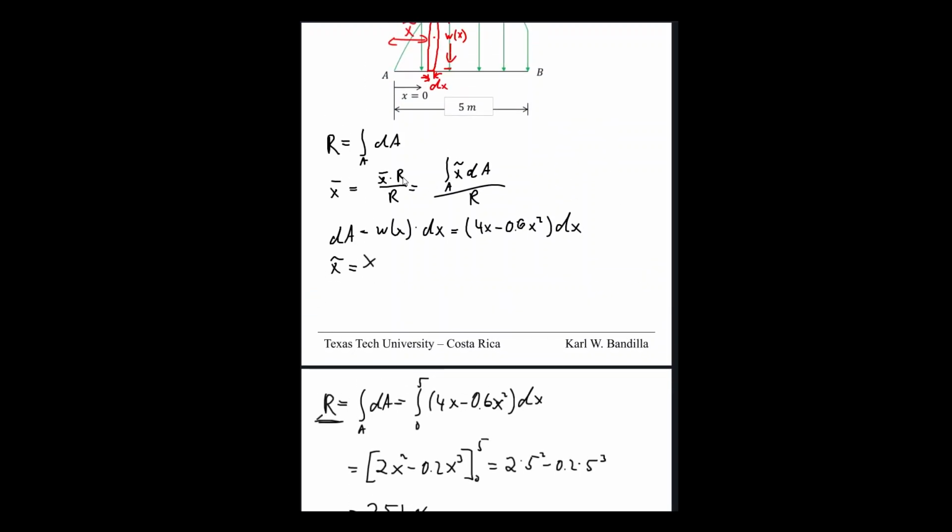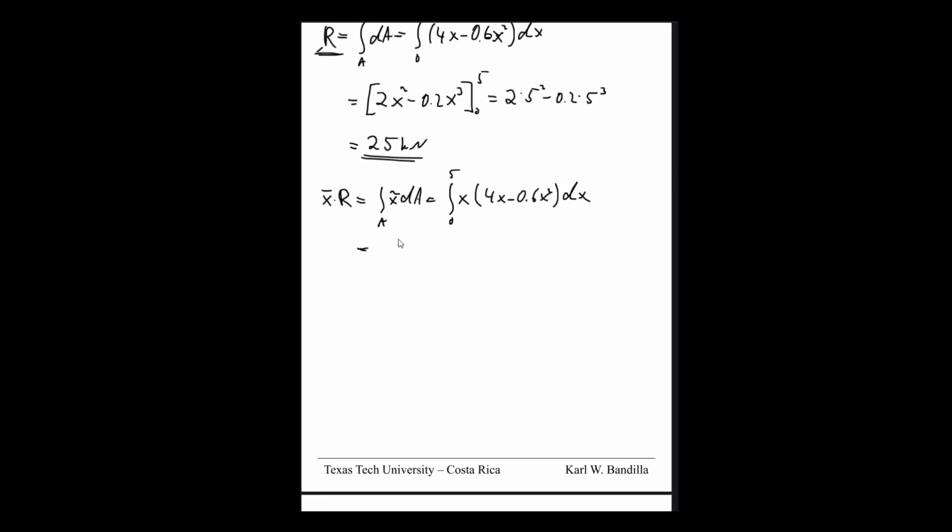Now our x bar times R is equal to the integral over the area of x tilde dA. We said we're going from 0 to 5. X tilde is just x, and then our function, 4x minus 0.6x squared dx.